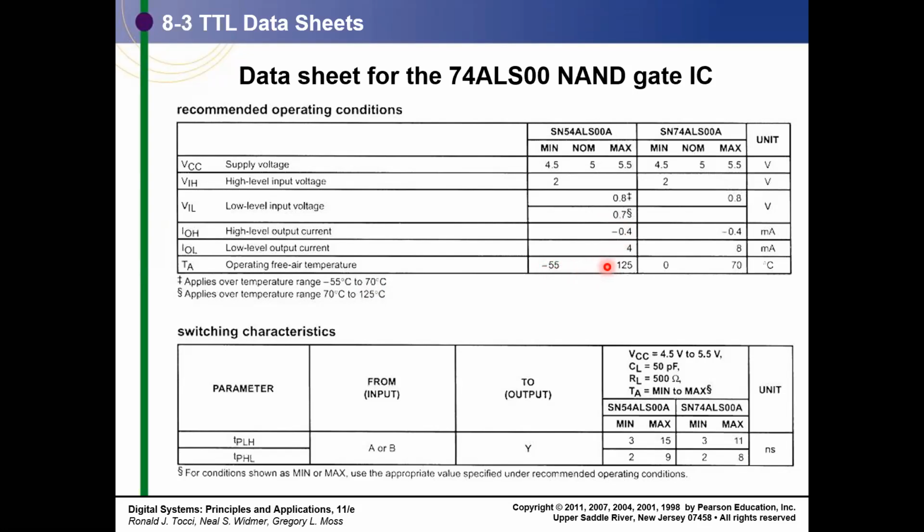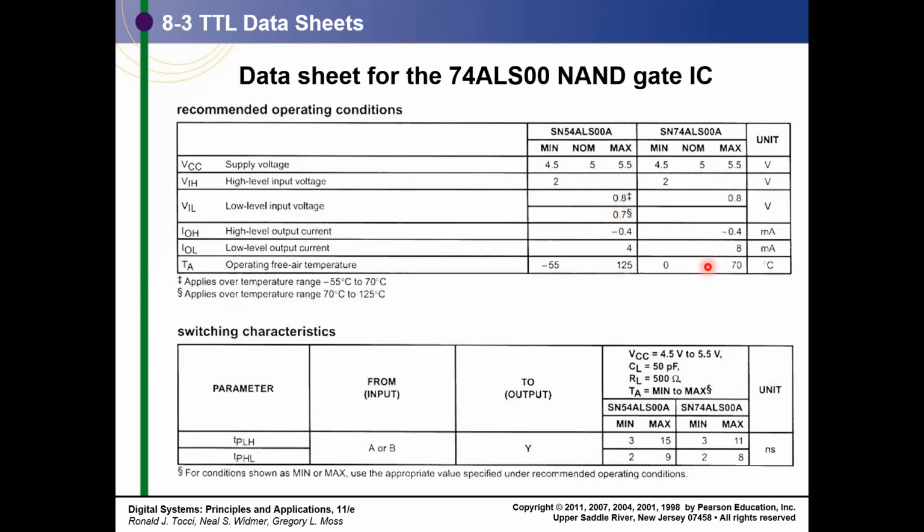You can see the operating temperature range given here for this IC is -55 to 125. Whereas the other IC, this is military 5.4 and this is 7.4. The military one has more tolerance and is specified for a wider temperature range, and the values are calculated accordingly.